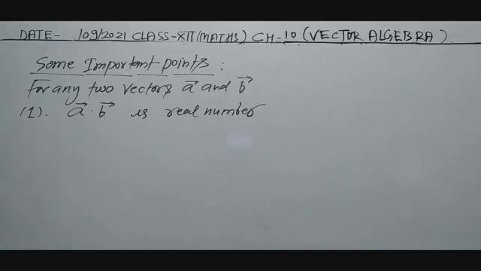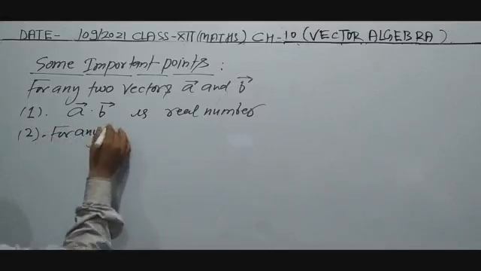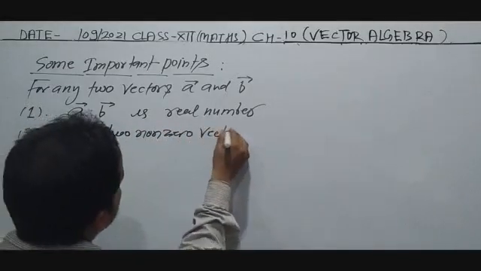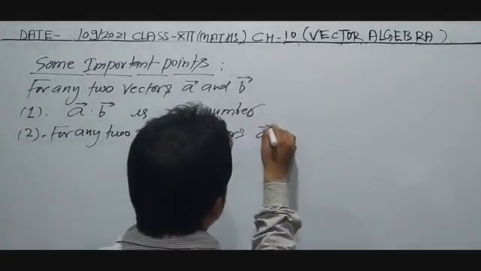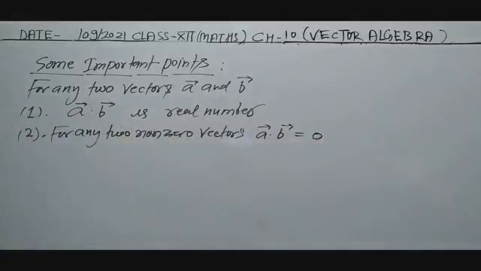Now come to the second point. What is the second point? For any two non-zero vectors, if vector A dot vector B is equal to 0, what can we say about A and B?